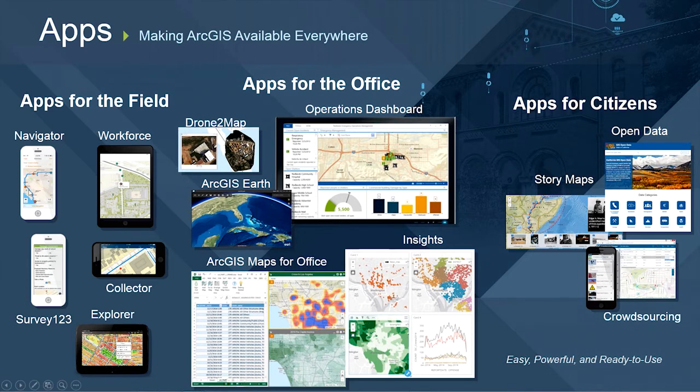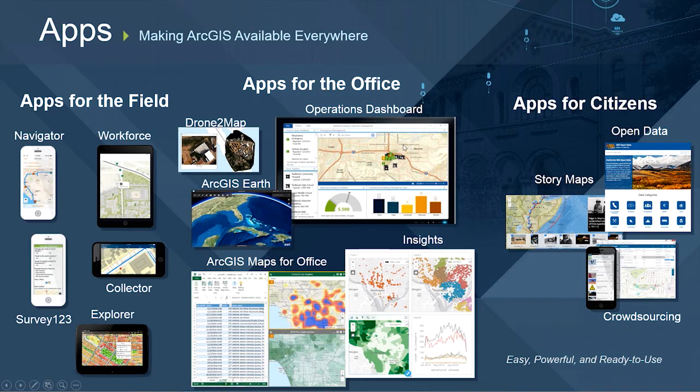Maps for routing and navigations and directions with our Navigator app. And our Workforce app that supports dispatching workflows. And all of these apps work together in tandem, so you can use these apps together to solve end-to-end workflow problems. In addition to those apps, we have apps for folks who are in the office.